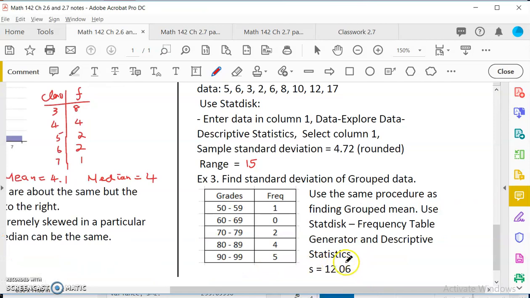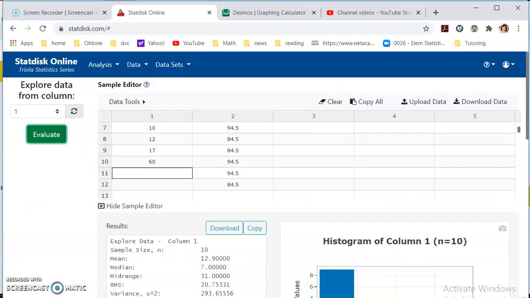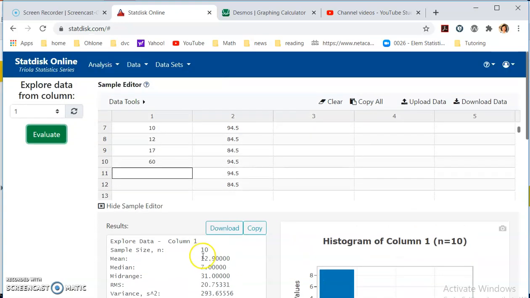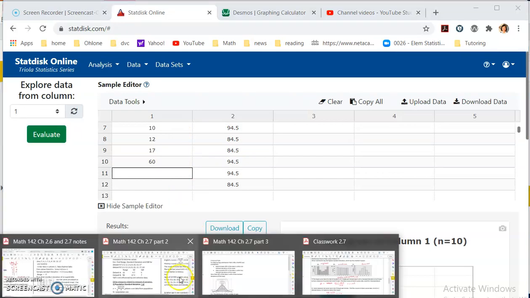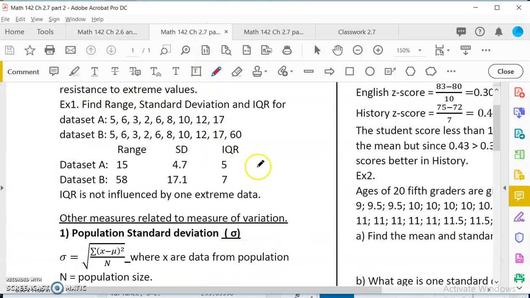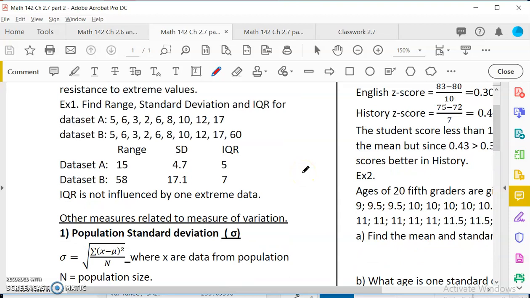It was 12.06 and now becomes 17.1. So it's a little bit larger, I would say. So IQR is a certain measure of variation. So out of these three, range, standard deviation, and IQR, standard deviation is still very popular.